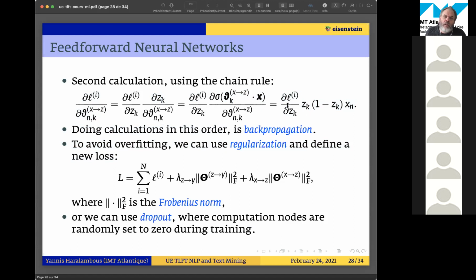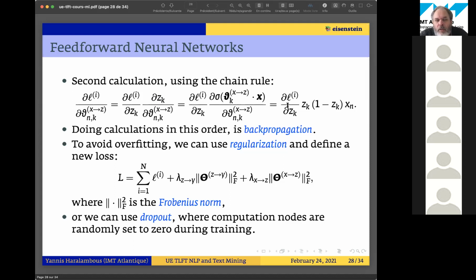And when we do our calculations, we go from the input layer to the output layer. And to optimize the values of parameters, we go in the other direction. So we compare the output layer with the results we want to obtain and go back to the first layer, calculating and reusing our results.